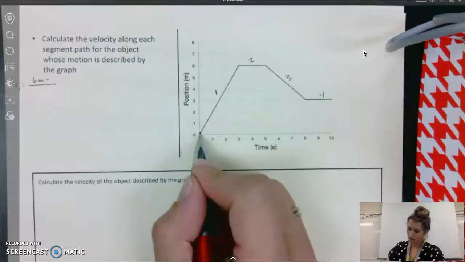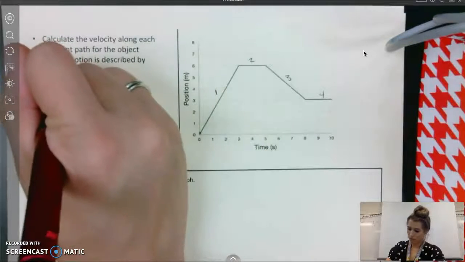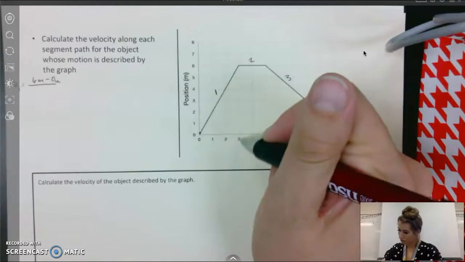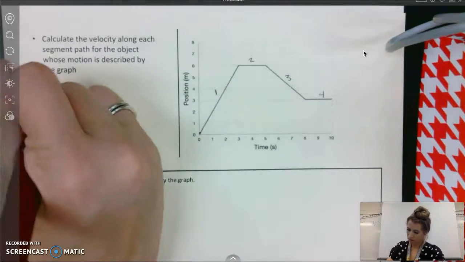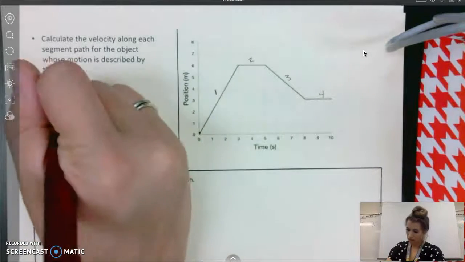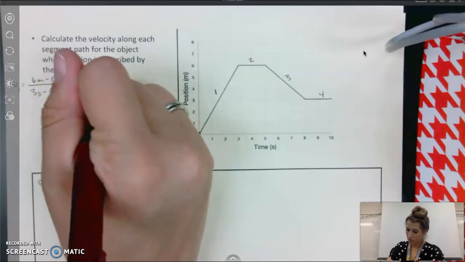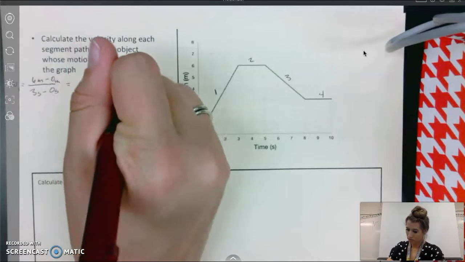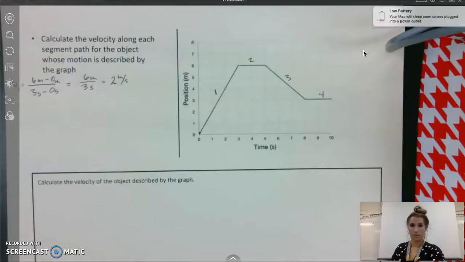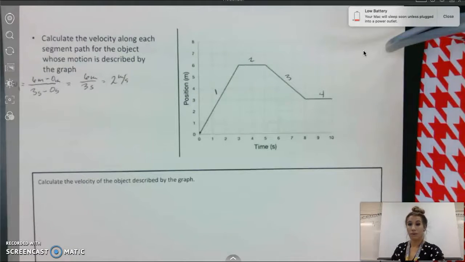Position initial was at 0. Time final was at 3 seconds, and time initial was 0 seconds. So we have 6 meters divided by 3 seconds, or 2 meters per second. So that was our v1.